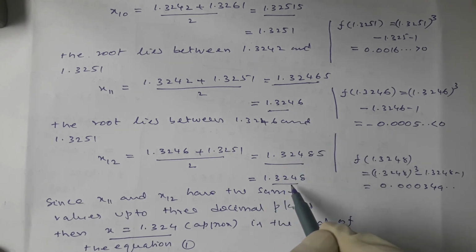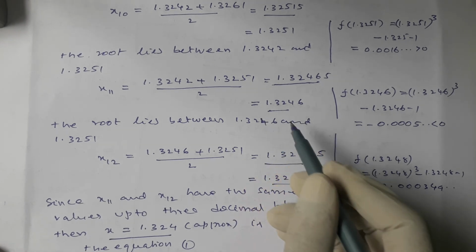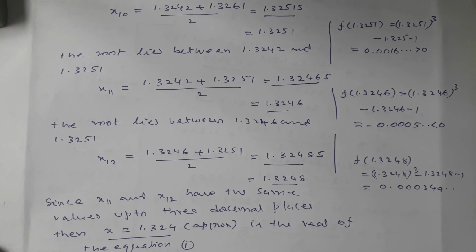Here it is 1.324, even 1.324. If you proceed like that, even x13 will be almost the same, 1.324. So the approximate value of the real root is x equal to 1.324. So thank you very much.